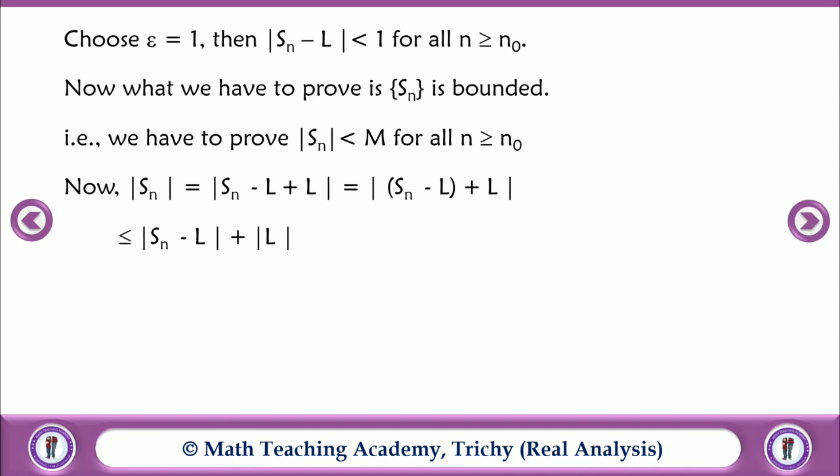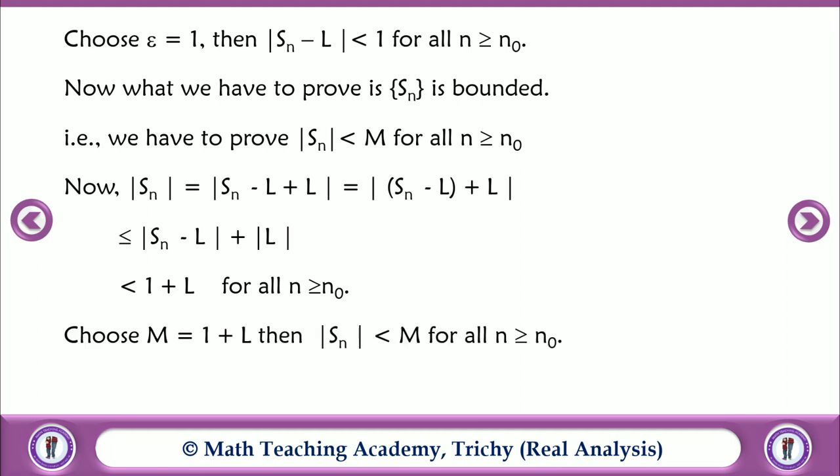Since mod Sn minus L is less than 1, this is less than 1 plus mod L for all n greater than or equal to n0. If we choose 1 plus mod L equal to m, then mod Sn is less than m for all n greater than or equal to n0, which means the sequence Sn is bounded. Hence the sequence Sn is bounded.